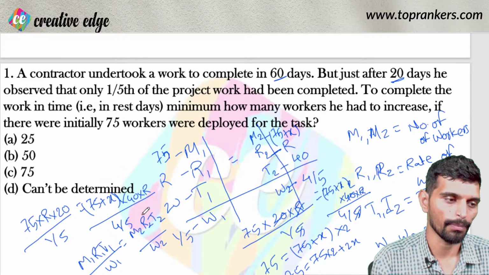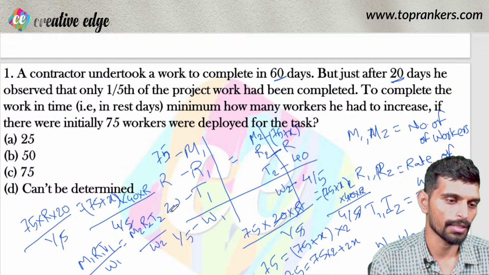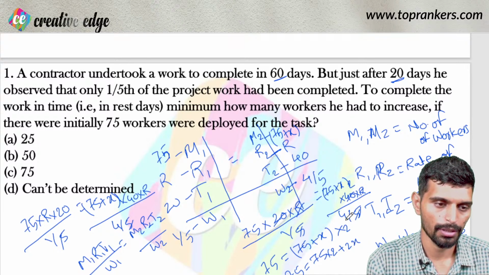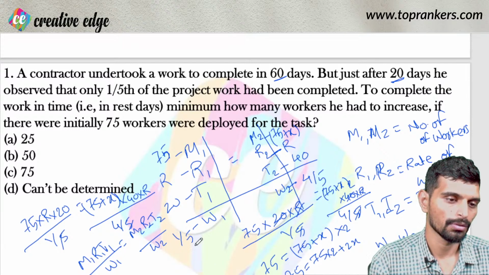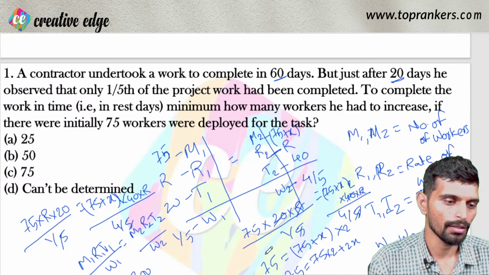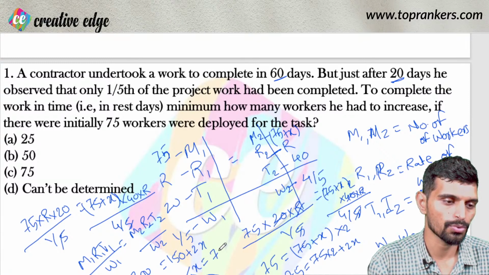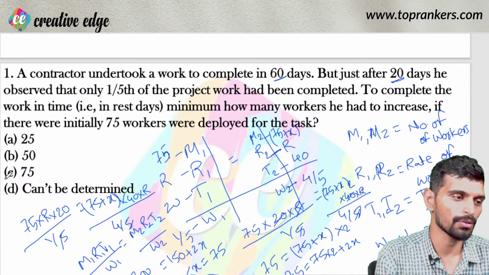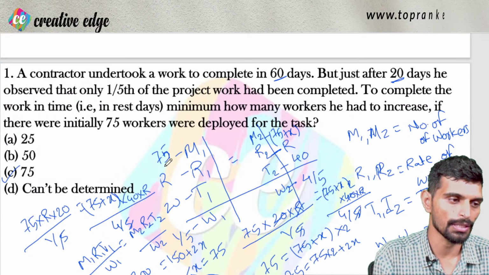This is what we have employed here. So this gets cancelled and this 4 is in the denominator, so that comes here. So finally this is 300 is equal to 150 plus 2x. So that gives you x equals 75, and the answer to this question should be option C.